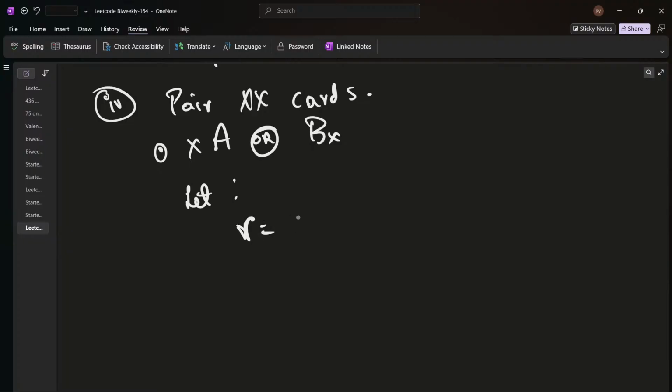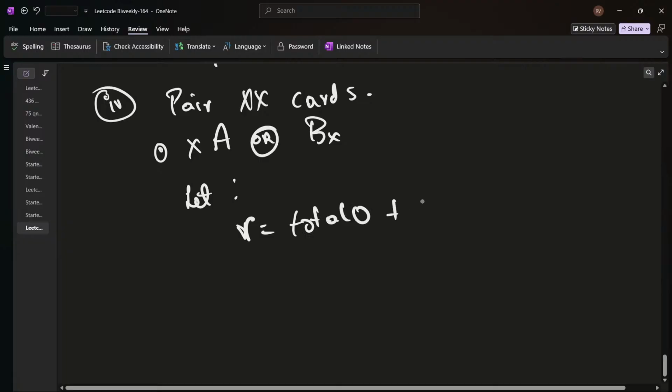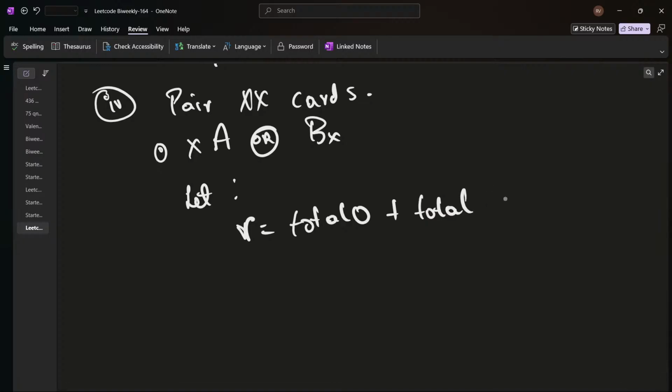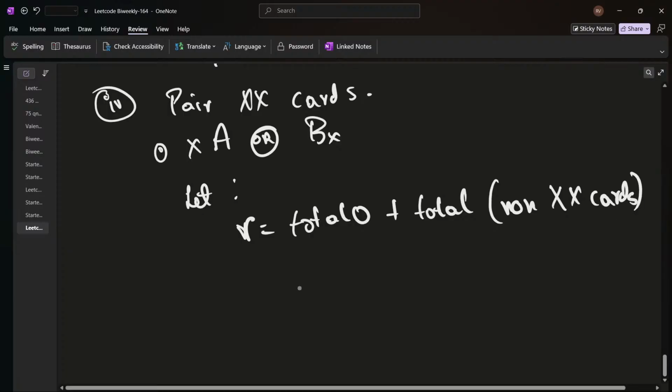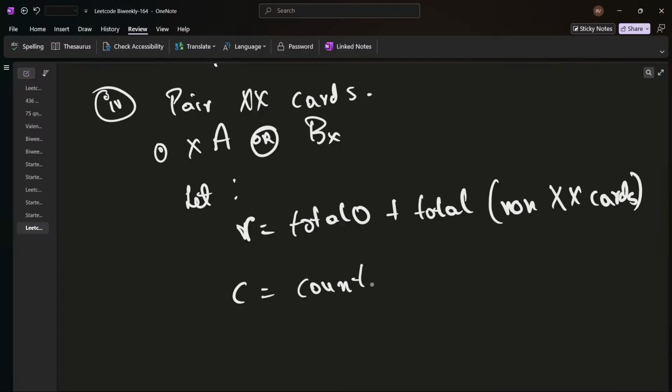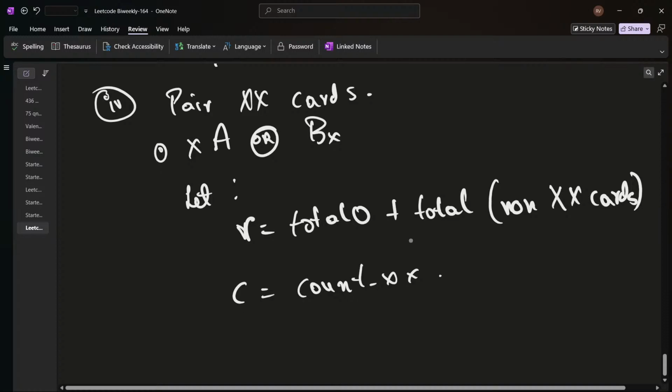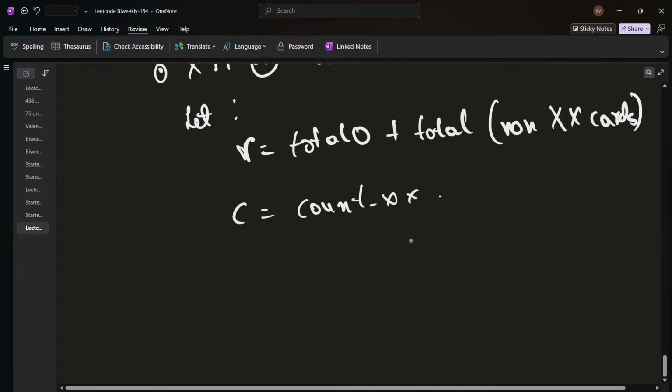R is equal to total 0 plus total 1. This is the non-XX cards. I'll take one more variable C, which will count the XX cards.